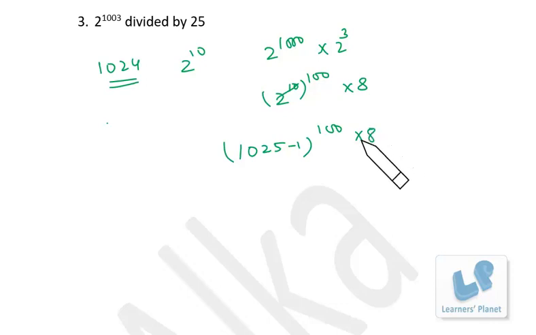See, once you get enough practice, you don't have to write each and every step because that will be really time consuming. Now this is a multiple of 25, so the remainder will be just minus 1 raised to 100. So minus 1 raised to an even number, the remainder is 1 only from this step, and 1 into 8, the final remainder is 8. Okay, so this way you can speed up your process.